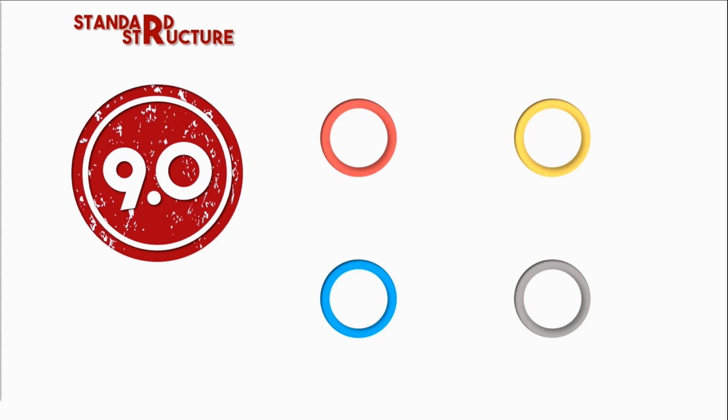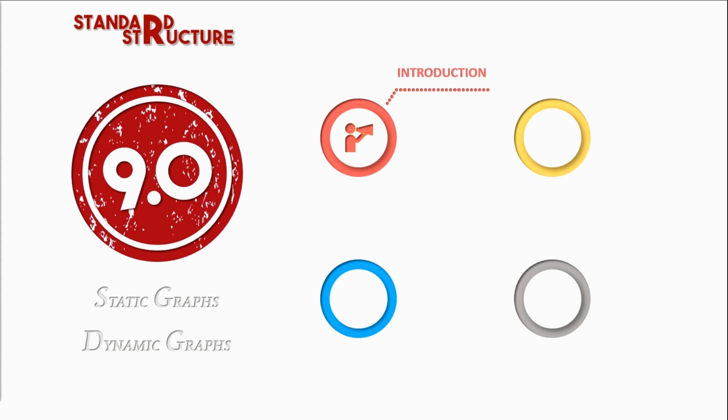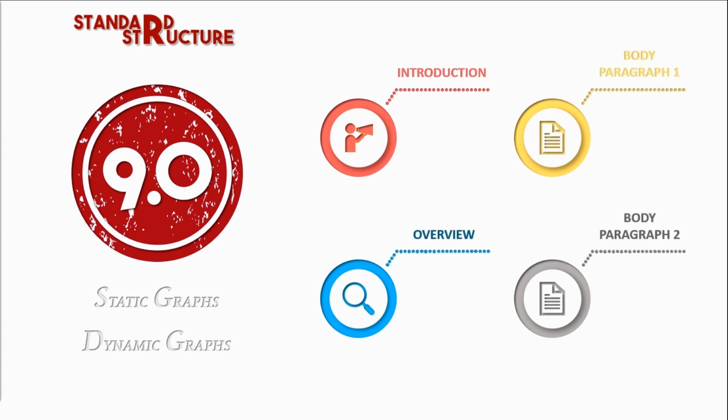We have divided the lesson into 2 major categories, starting with the structure of static graphs, followed by the structures of dynamic graphs. Now, before we head to the first part, let's review our Band 9 structure for IELTS Writing Task 1. The complete report is in 4 paragraphs: Introduction, Overview, Body Paragraph 1, and Body Paragraph 2.